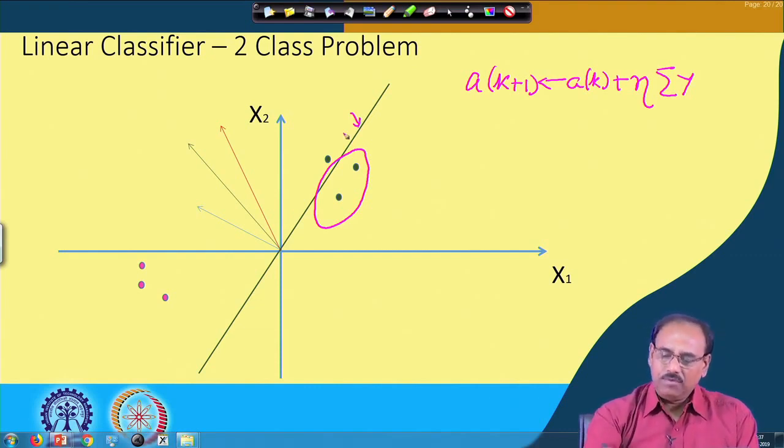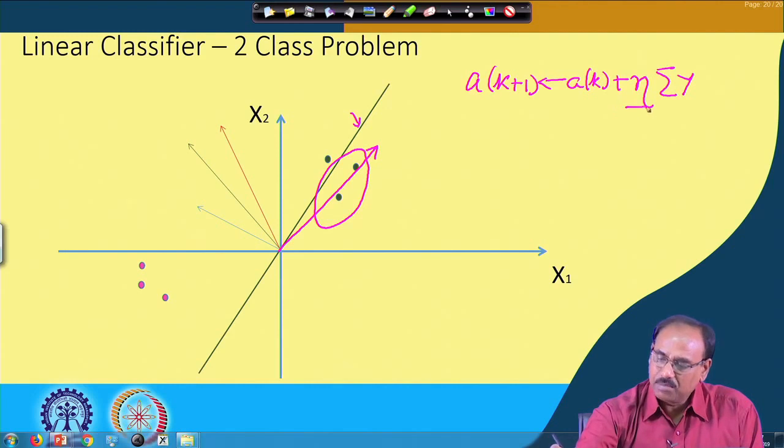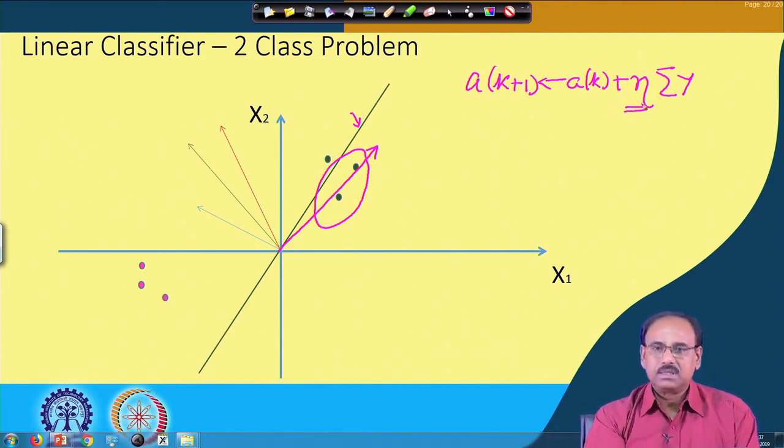If you take the sum of these two misclassified feature vectors, I will get the sum of the misclassified y which is in this direction. And this sum is scaled by some eta, which is known as the rate of convergence. I will come to the importance of this rate of convergence later.